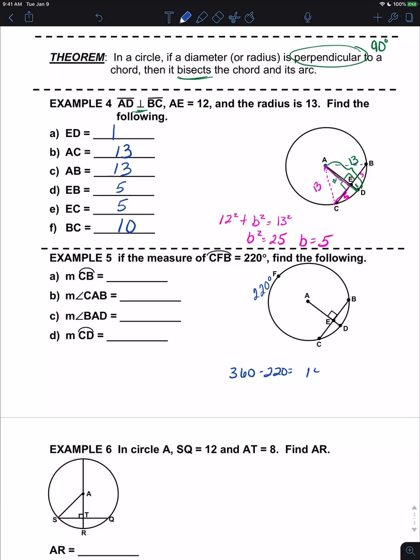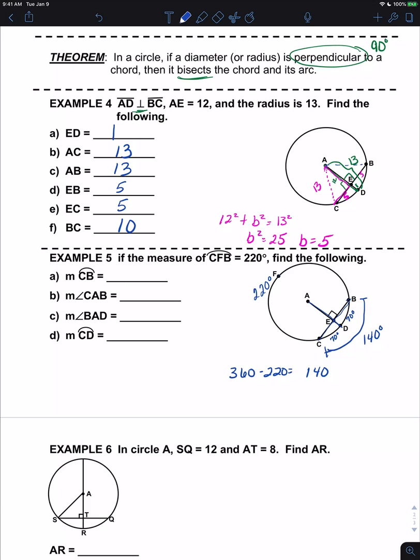So 140 degrees. So from here all the way over to C then has got to be the 140 degrees. Well, this is telling us that it is a perpendicular bisector from A to D is bisecting this line C to B. So that means C to E is equal to E to B. So we know if the whole thing is 140, then each one of those has to be 70 degrees.